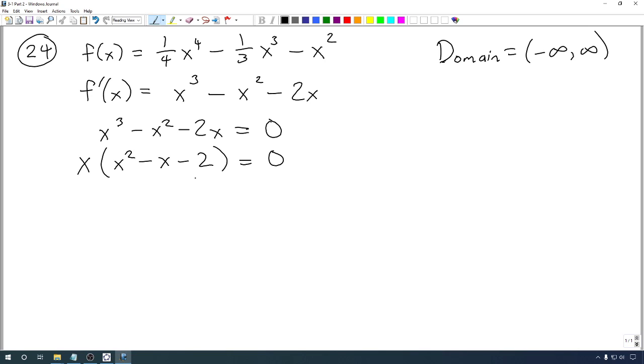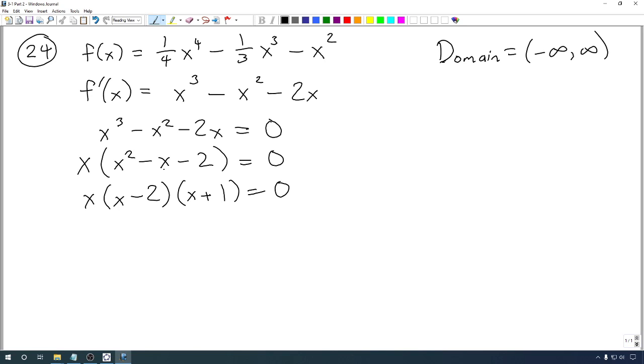Next, we have a quadratic here that we can factor. Because we just have x squared in front, it's going to be x plus or minus something, and then x plus or minus something. Whatever those two things are, they have to multiply to give us a -2, but they have to add to give us a -1 in the middle. Well, that's going to be a -2 and a +1.